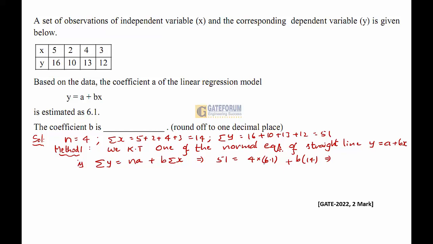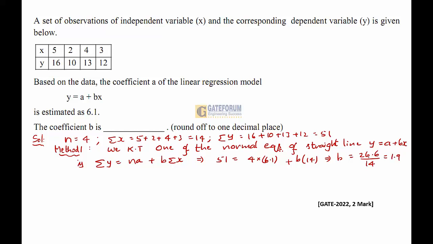So this is 24.4. From this, b is equal to 51 minus 24.4, that is 26.6, divided by 14. So this is equal to 1.9.